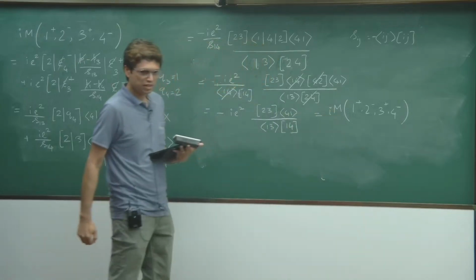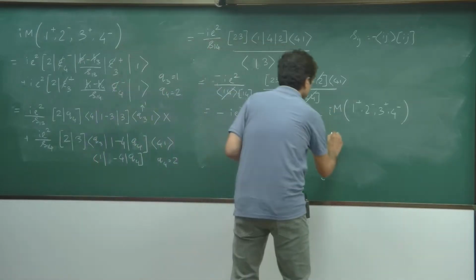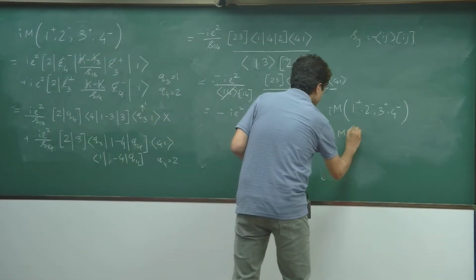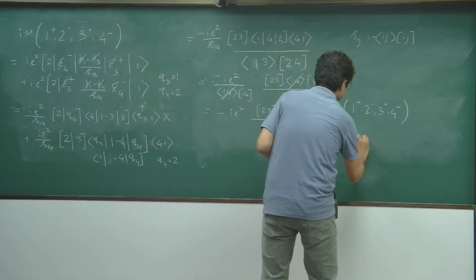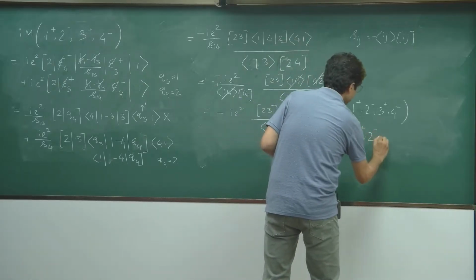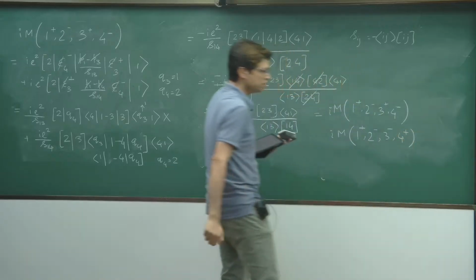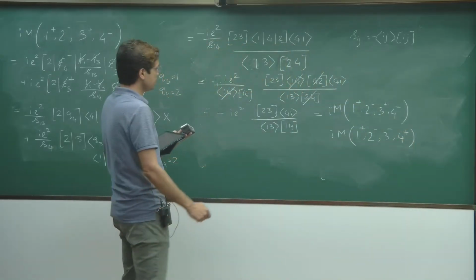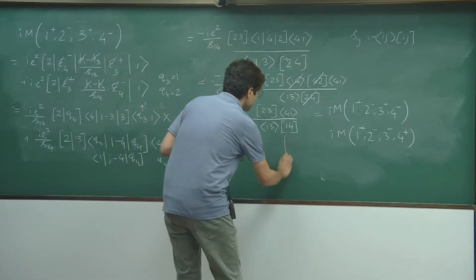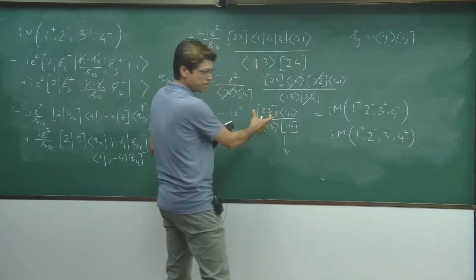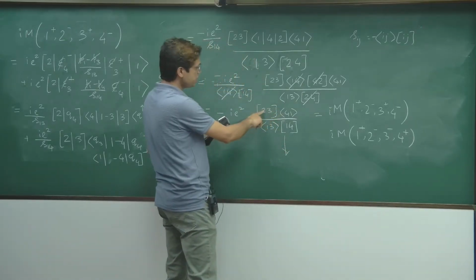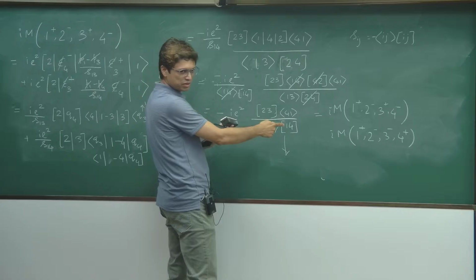Okay, for the rest I do not need to calculate anything. 1 plus 2 minus 3 minus 4 plus, what would this be? This would be switching of angle to square and changing 1 and 2, right?